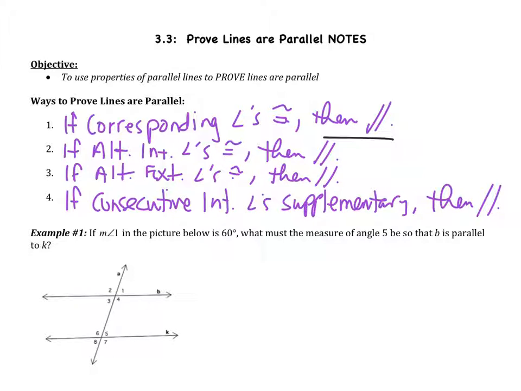And these are the statements that you are going to use when we get to our 2-column proofs. I want it exactly like this, okay? Do not just say your reason as corresponding angles, because corresponding angles are not always congruent. Reminder, you had an example like this in the homework, okay?